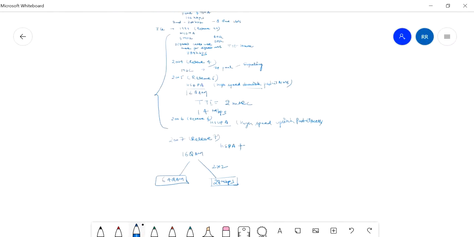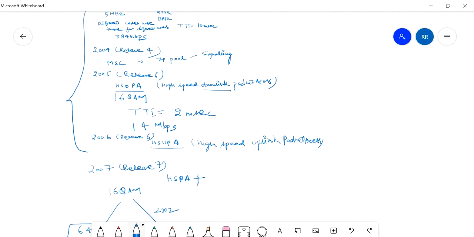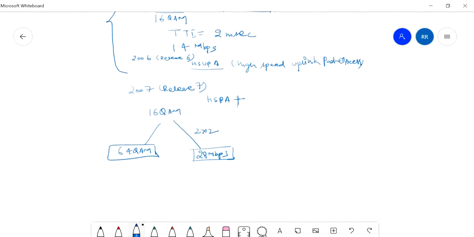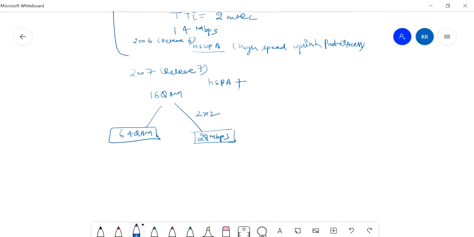So these were the major evolutions in 3G, and as per the releases, adaptive modulation and coding came into the picture. When in good condition you will have 64 QAM, in bad condition it will have 16 QAM, like this.